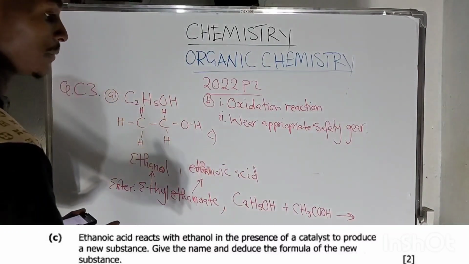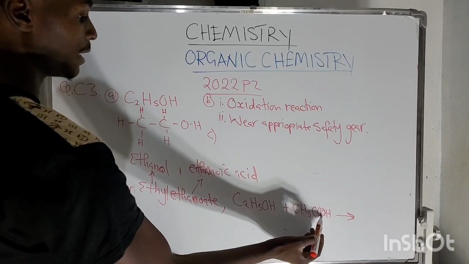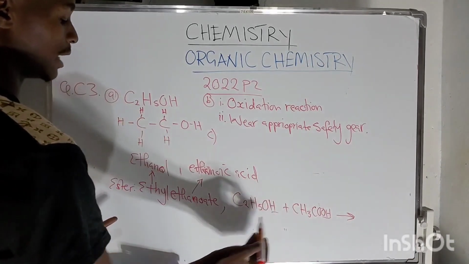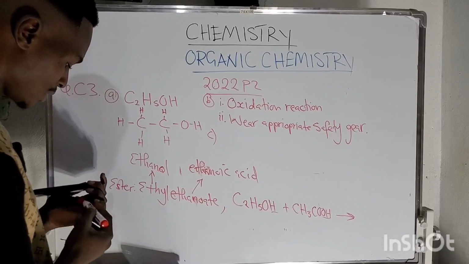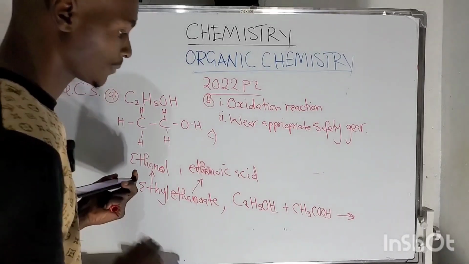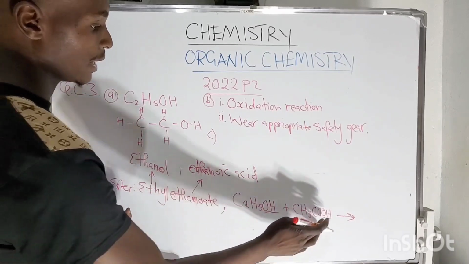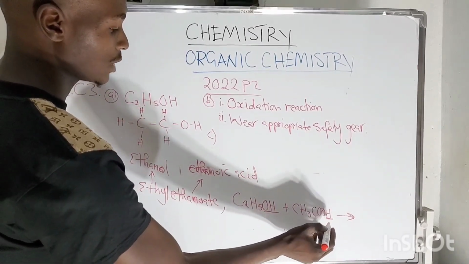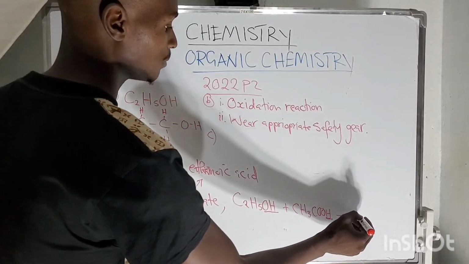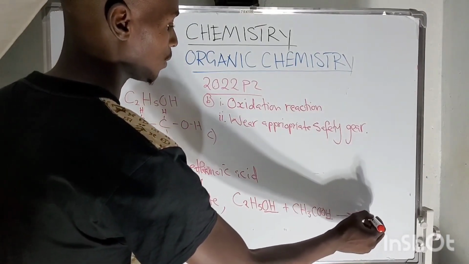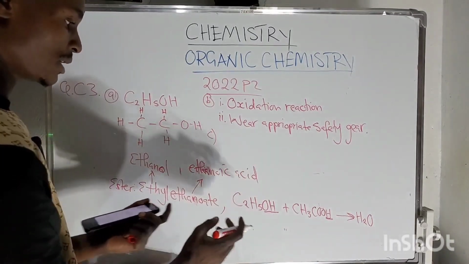Water is removed: the carboxylic acid loses the OH, and the alcohol loses the H. Let me mention this so that it helps you in the exam. Just remove the hydroxyl group from the acid, and from the alcohol just remove the H to form water. When these two react, water is formed, and you just join what is remaining.